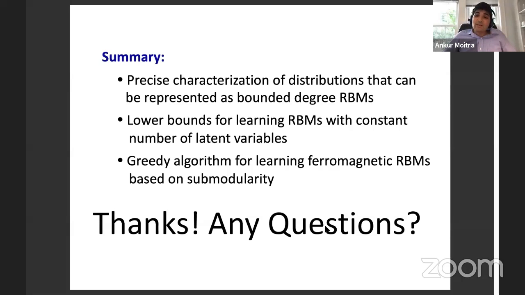The other thing is that there's this other work that I mentioned, this work of Bresler et al. from 2008, where they were working with the assumption that you have no long-range correlations. And in that setting, you don't have small graph separators, but you have small separators in a statistical sense.